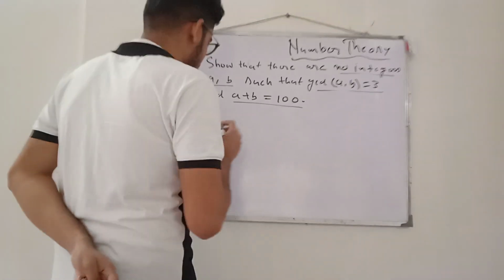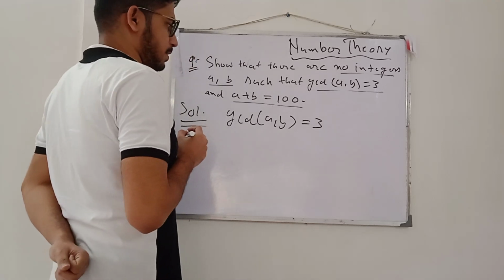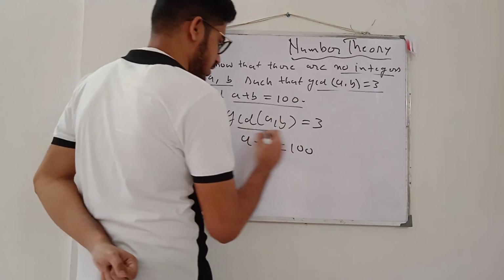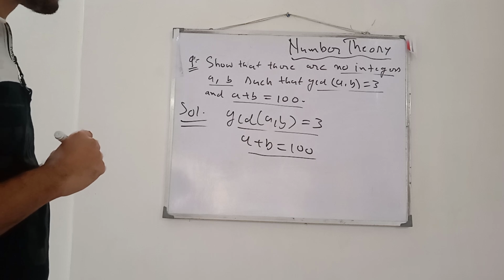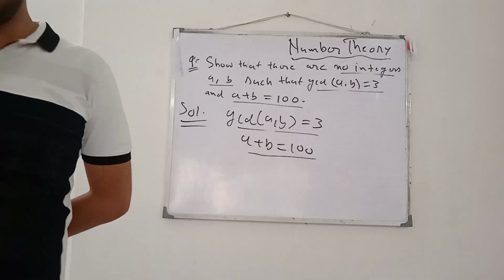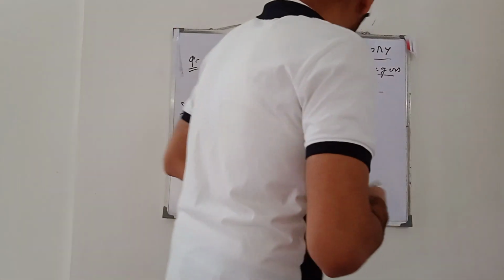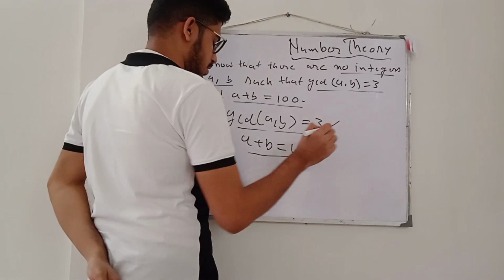So now suppose gcd(a, b) is equal to 3, and a plus b is equal to 100. These are the two conditions from our question. Now we have to solve.